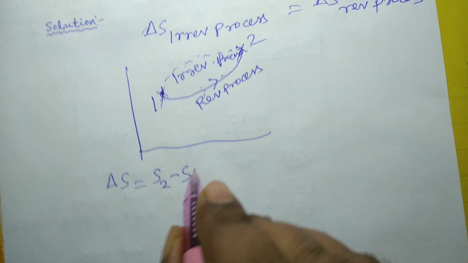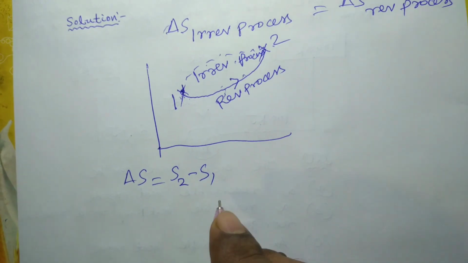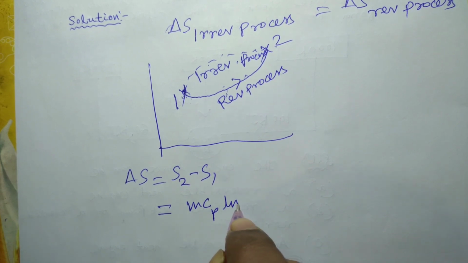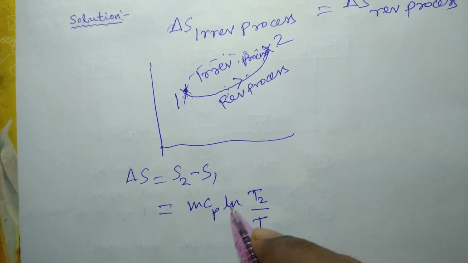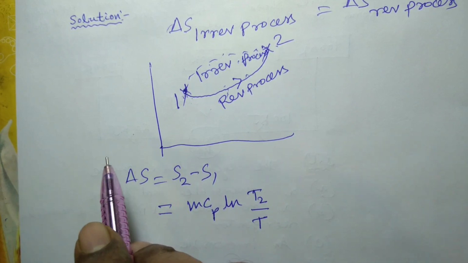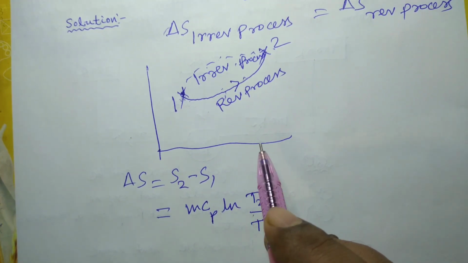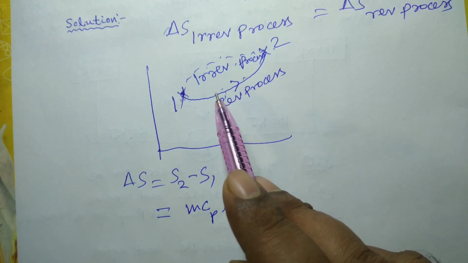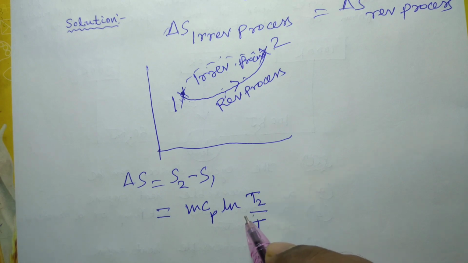So the formula is like this: for an ideal gas, change in entropy is nothing but m Cp ln T2 upon T1, and this has been derived by integrating the property relations we just derived in the previous question. Integration is only possible along a reversible process. But since entropy is a property of the system, it is not dependent on path.